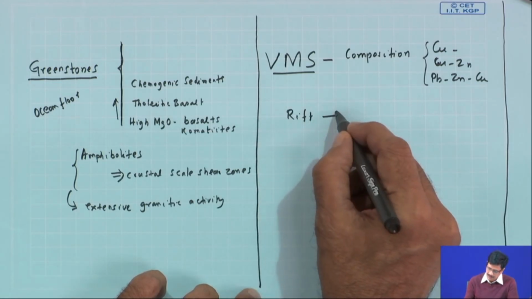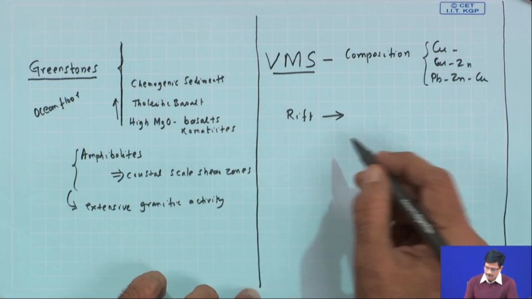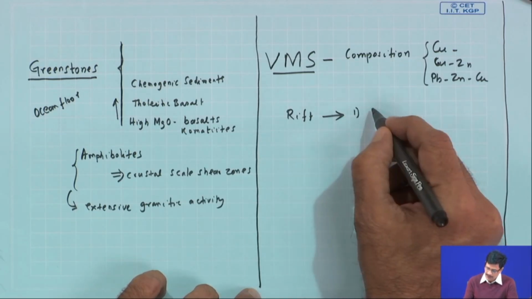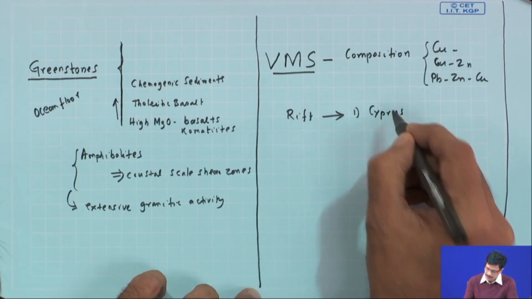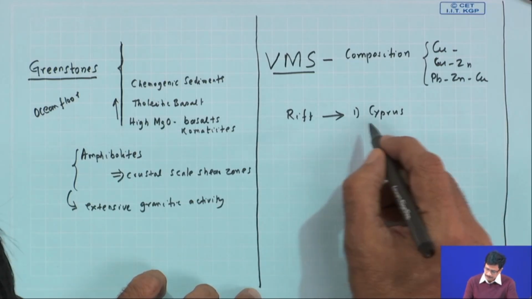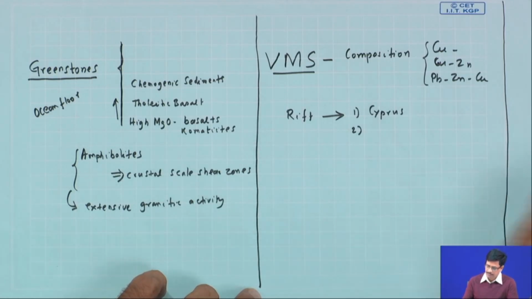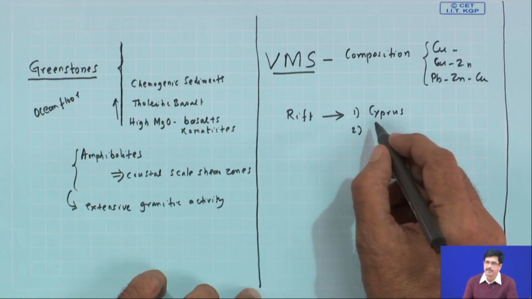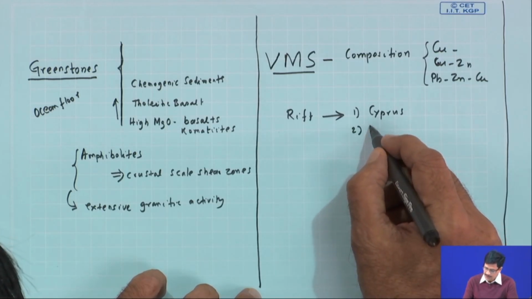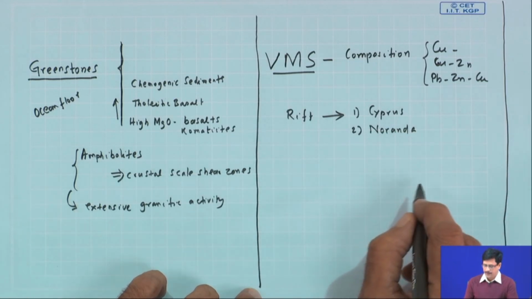related regimes. In addition to what we see on the present-day ocean floor, there are some deposits like the one occurring in Cyprus, in the Troodos ophiolite belt, the Cyprus deposit, and a very ancient copper deposit occurring in the Abitibi province, in the Quebec province in Canada, which is the Noranda deposit.